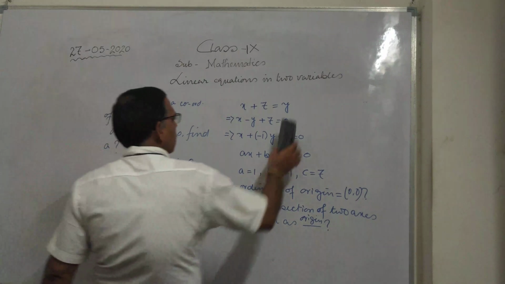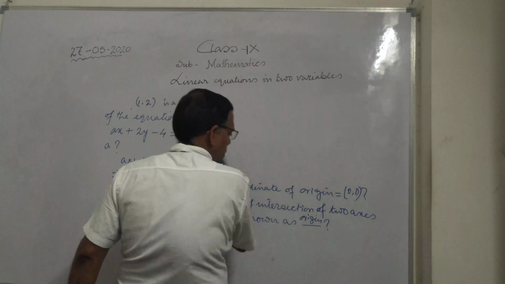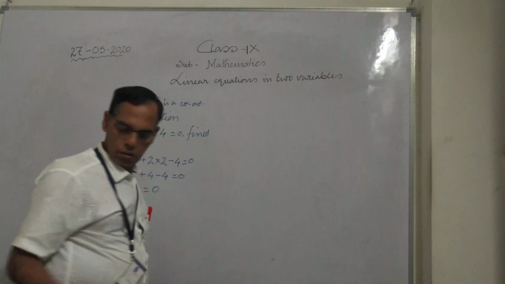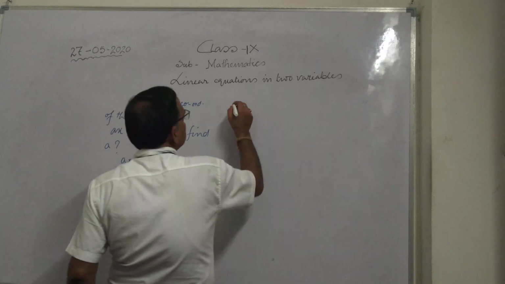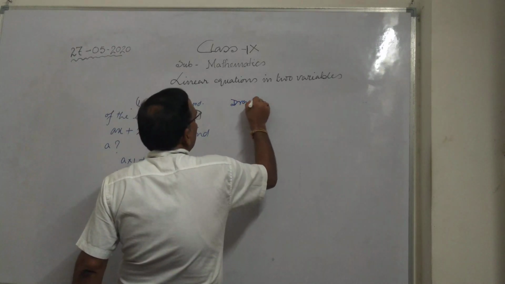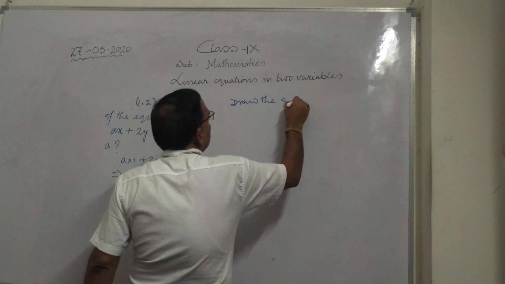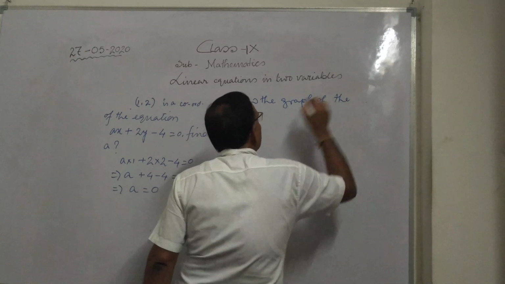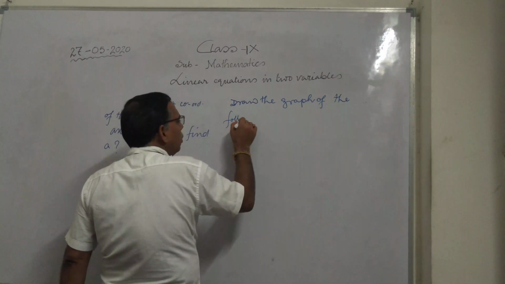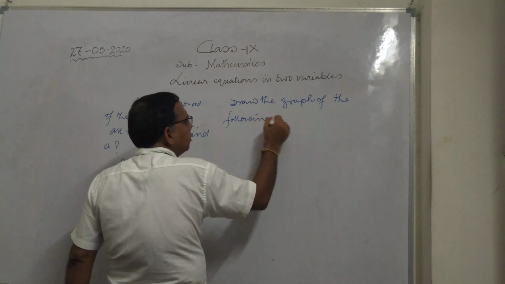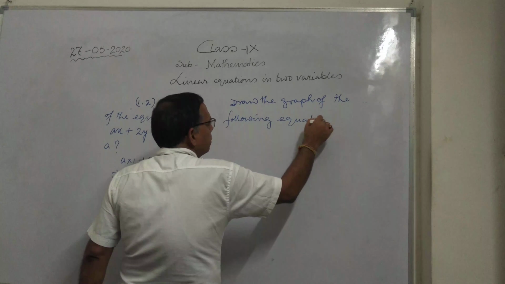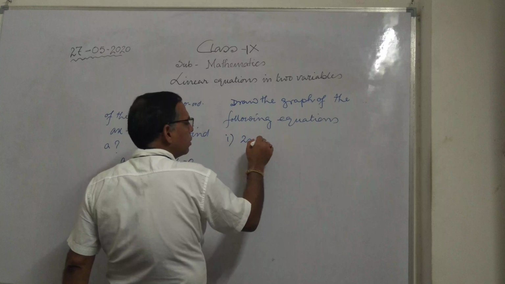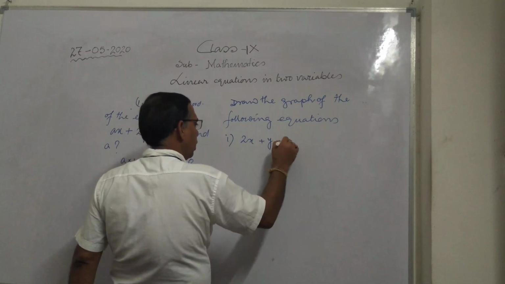Let's see. Draw the graph of the following equations. Number 1, twice x plus y equal to 5.